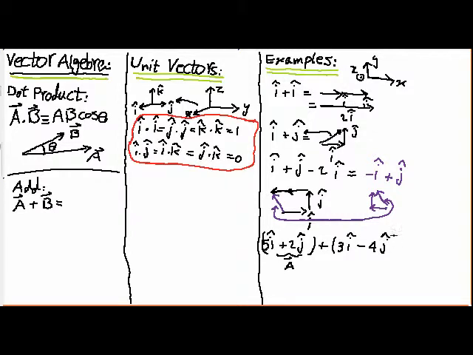You don't really need to draw these things, although you always can, but it's not easy to draw. We want to do some mathematics, it makes calculations easier. So you simply add the coefficients of i hat together, 5 plus 3, 8 i hat, and the coefficients of j hat, which is minus 2 j hat. So this is the resulting A plus B.